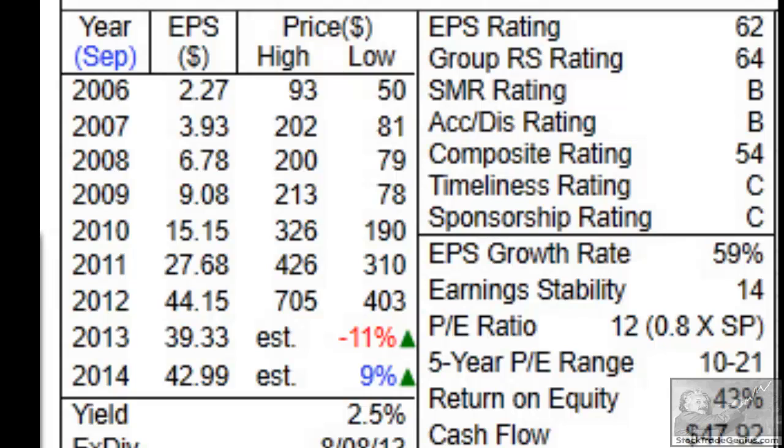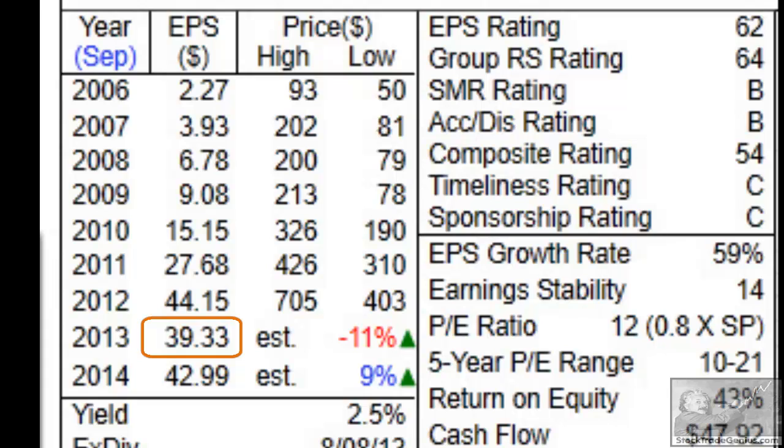Well, it means that that's what the company is doing with your money. When you invest and you buy a share of stock, they invest that money and they make a profit on it. And that profit happens to be, in 2013, $39.33. And so when you spend $483 today to buy a share of stock, you essentially would get back $39.33 if you wanted to look at it that way.